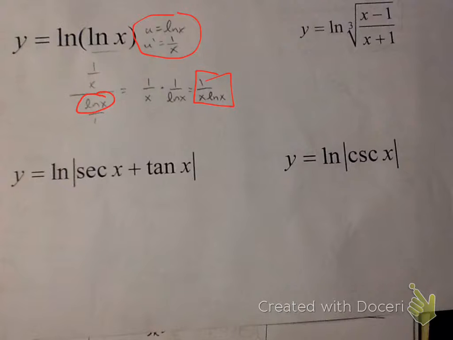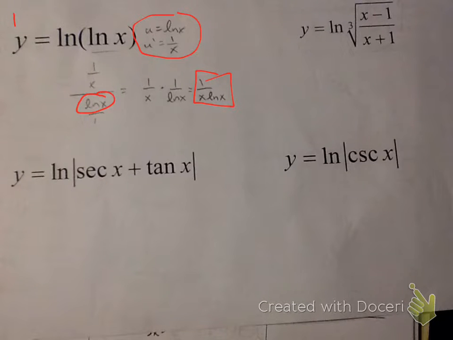The second one, I'm going in order here, looks a little more complex. If I had to take the derivative of the cube root of x minus 1 over x plus 1, all over itself, that's a big mess. But in reality, you make this easier by using the properties of logs that we talked about earlier.